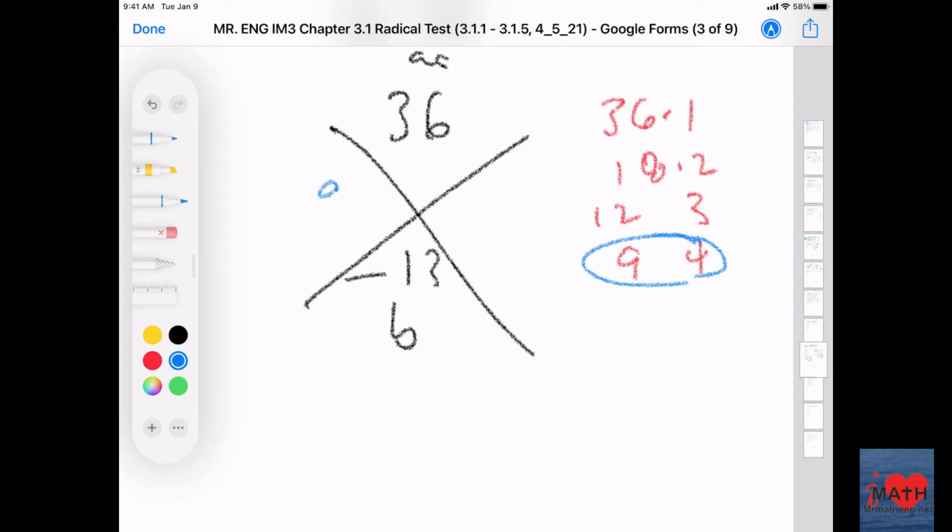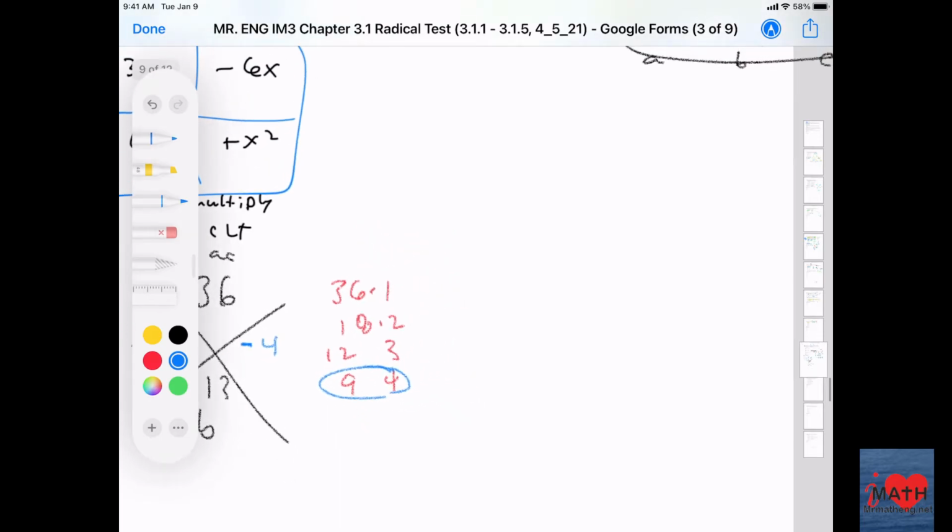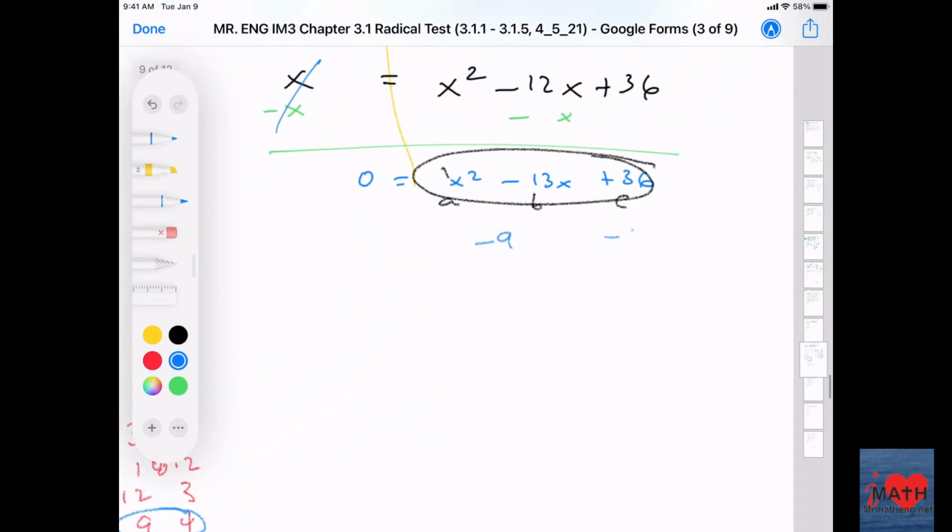Right there. So 9 and 4, both are negative. Negative 9 times negative 4 equals 36, and negative 9 plus negative 4 equals negative 13. So we have factored. Because we factored, now you can just solve these by setting them equal to 0. And you'll get x equals 9 and x equals 4.